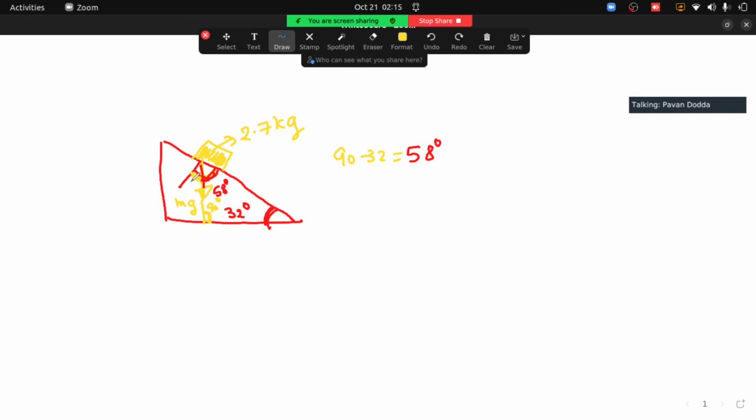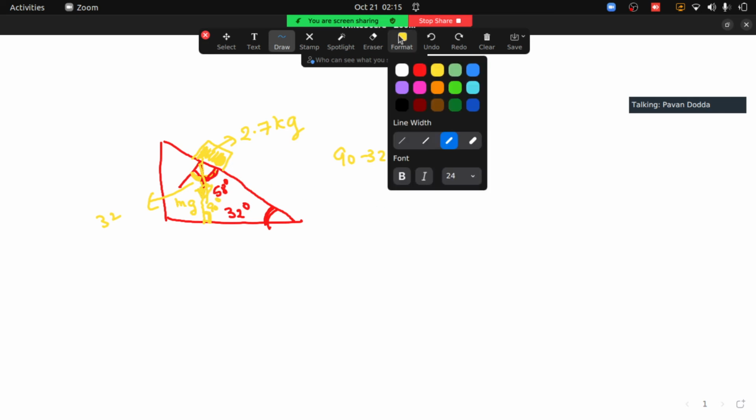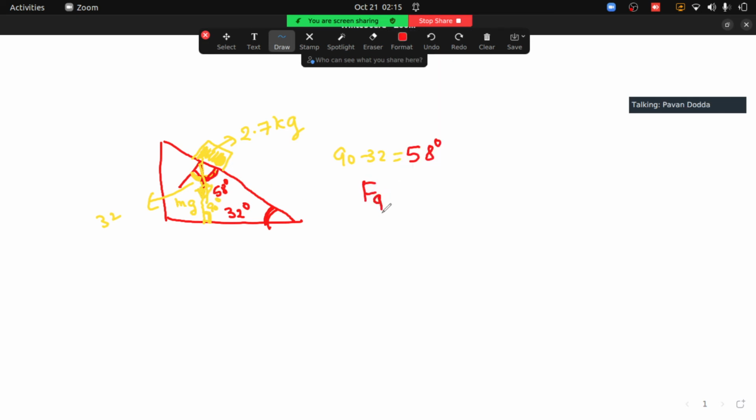Now the force along this direction is mg, the force due to gravity. It is mass times g, 2.7 times g, so it turns out to be 27 Newton. Now what is the force along this direction?